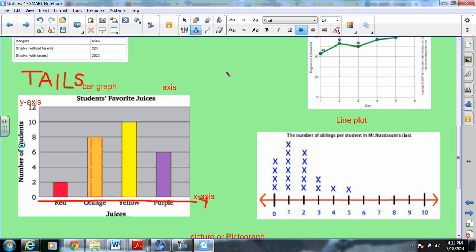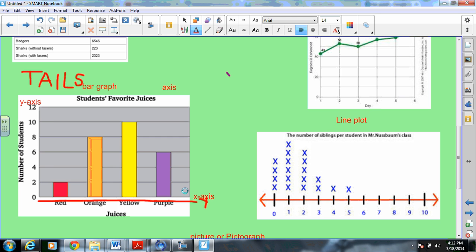L is for labels. Another word I've used is subtitles. And S is for two things. It's for the scale, right here, the numbers, you have to have those. And it's also for the spaces between the bars. This is very important on a bar graph that you have those spaces.